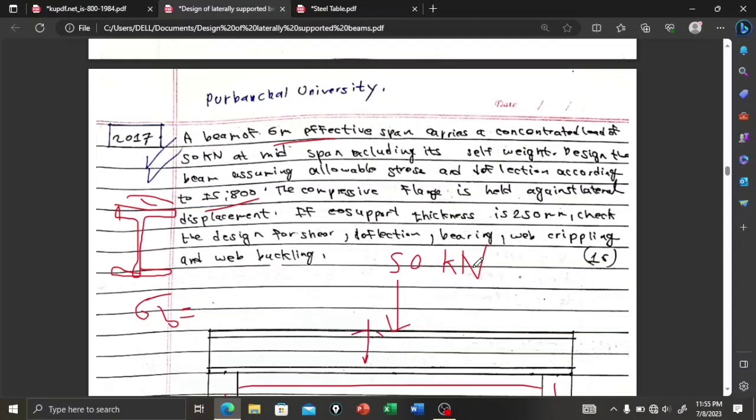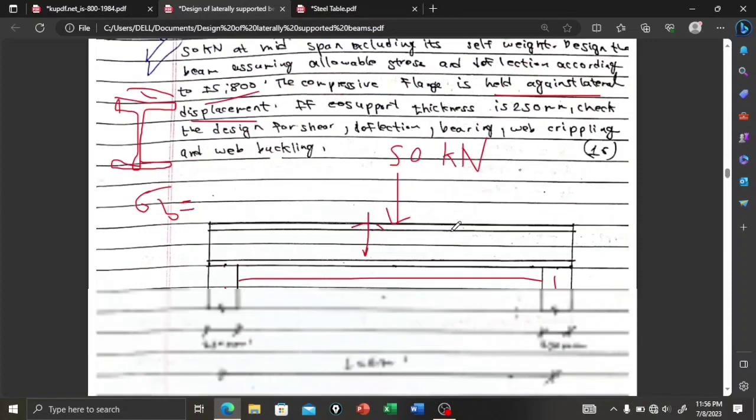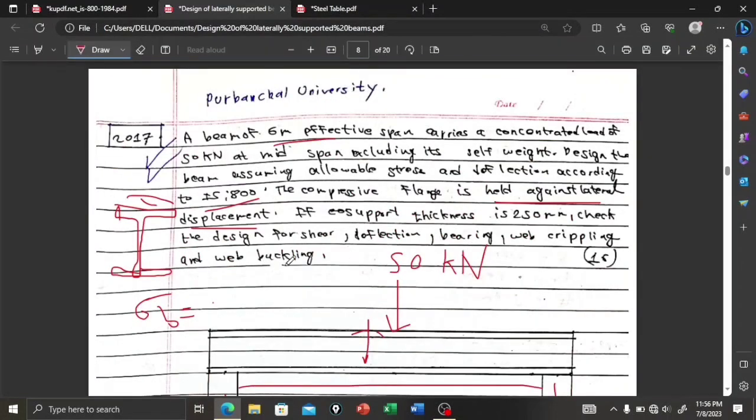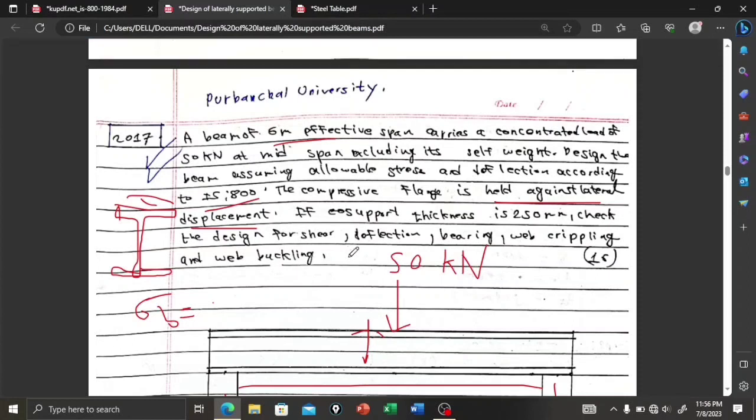So held against lateral displacement, so it is a laterally supported beam. If support thickness is 250, check the design for shear, deflection, bearing, web crippling and web buckling.